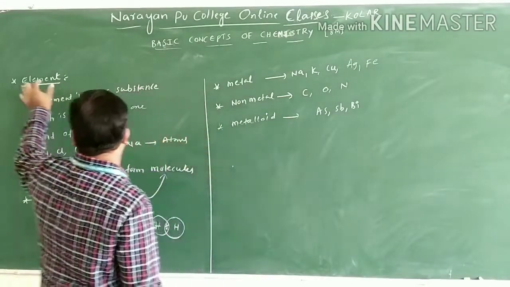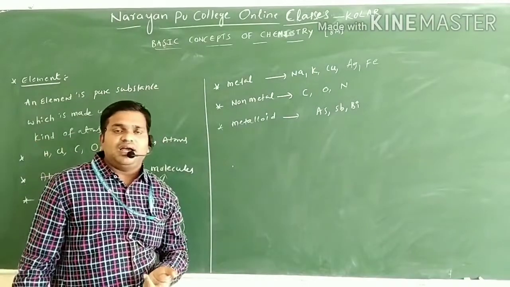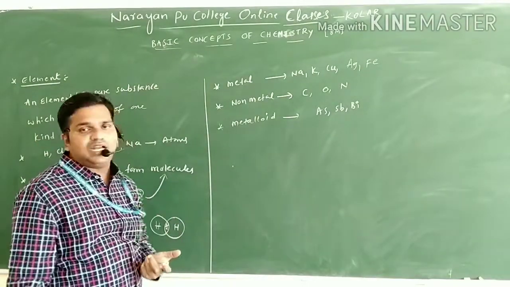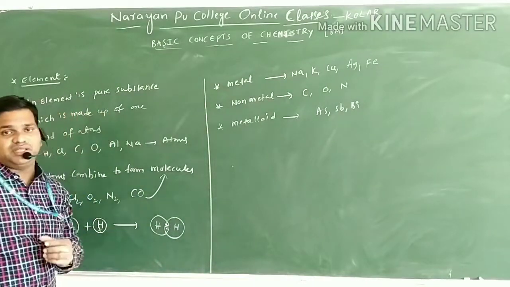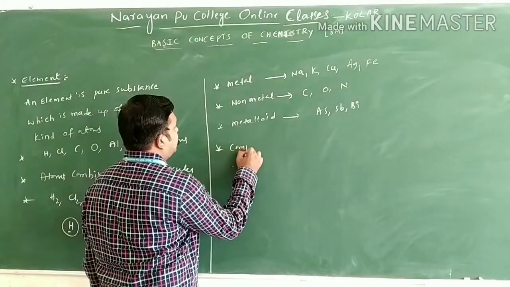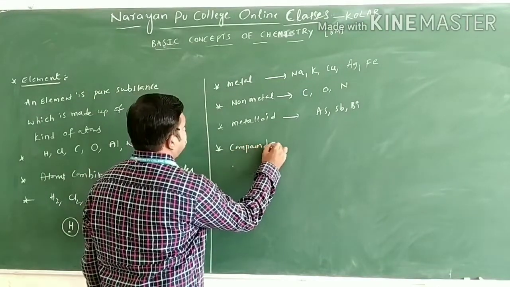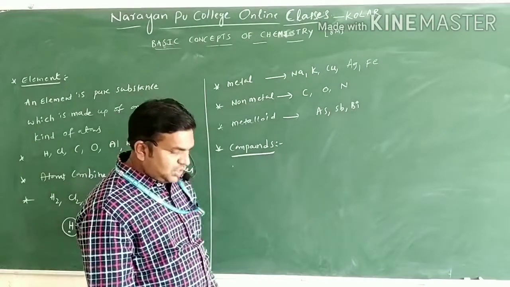So these are considered elements. Again we have three types: one is metal, one is non-metal, and one is metalloid. So this is regarding elements. Next one we have compounds. So what is meant by compounds?